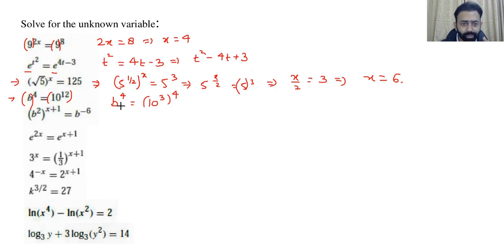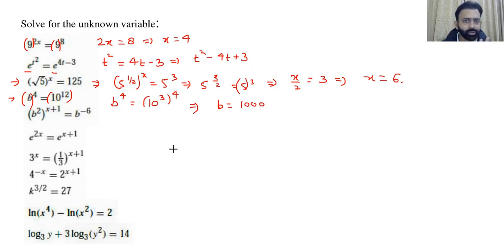So my base is not 10. I will write this as 10 cube as the base and then raised to power 4. Now as you can see, if I compare the exponents of b raised to power 4 and 10 cube raised to power 4, this will simply give me the value of b as 10 cube, which is 1000. This is how you will do this.